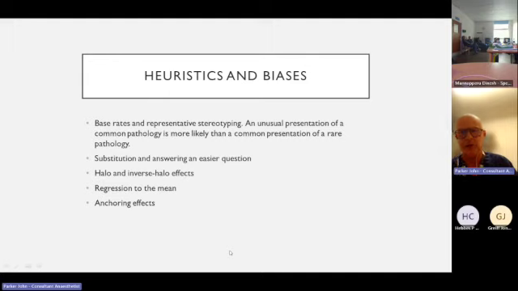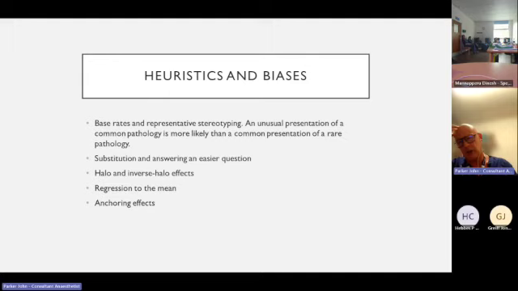So many times I've been asking questions in Vivas, and the candidate answers a different question that's much simpler, and I think that's just their brains trying to solve a simpler question, and just using their system 2 in the right way. Okay, so substitution and answering an easier question.